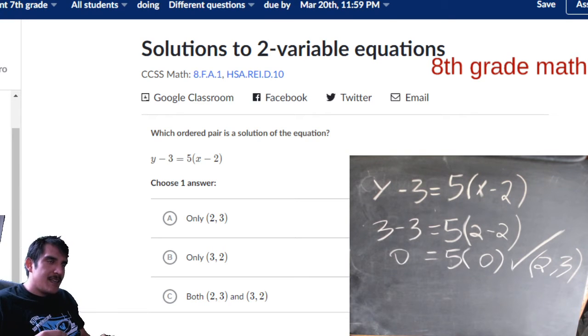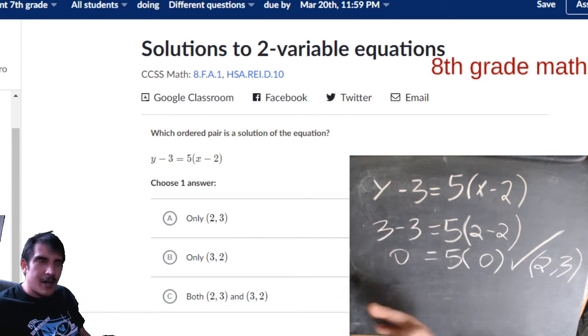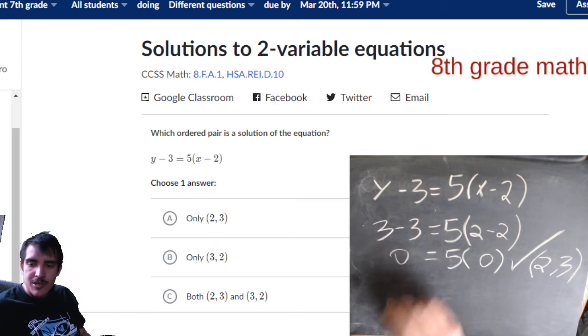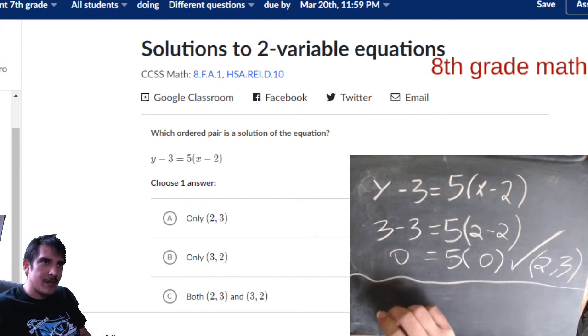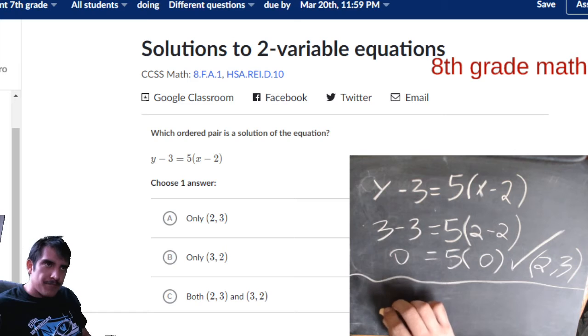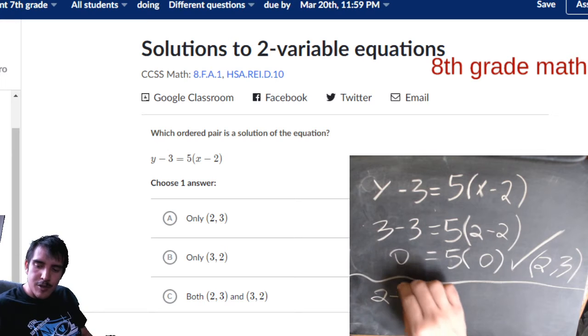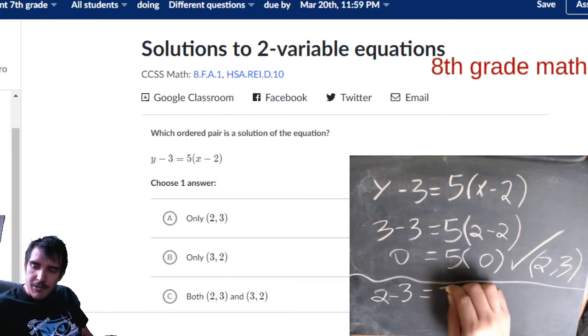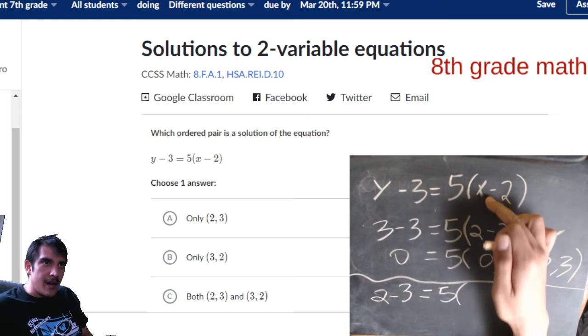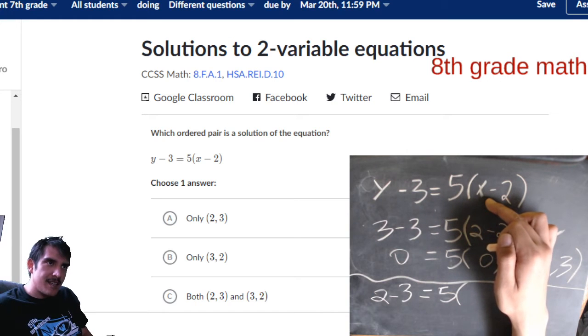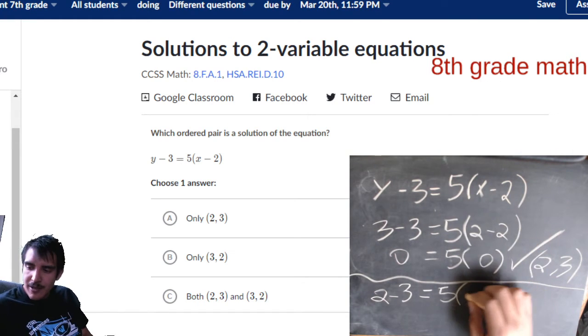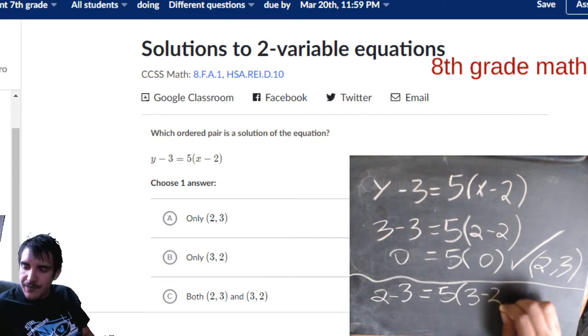Let's see if the other point, 3 comma 2, is a solution. So I'm going to put a little line here and do another set of work. Now in the second point, 3 comma 2, the y value is 2. So we're going to do 2 minus 3 equals 5. And then the value of x in the second option is 3. So I'm going to do 3 minus 2.